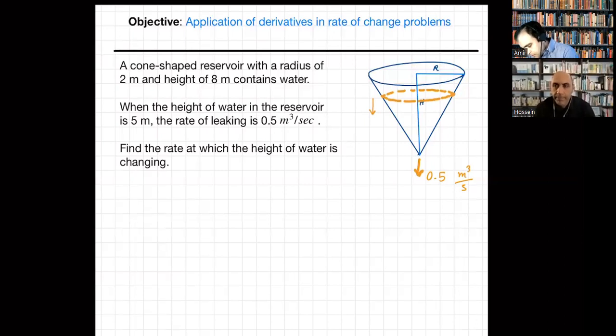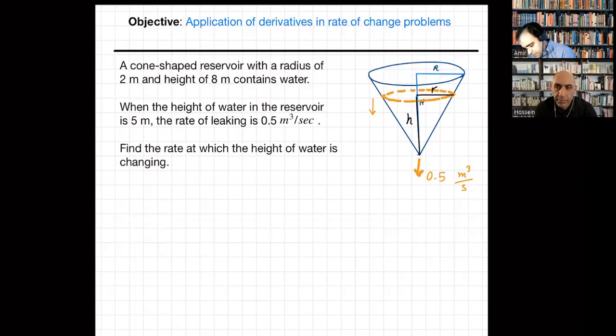Okay, let me name this radius where the water level is as lowercase r, and this height, where the height of the water, not the height of the reservoir, as lowercase h.